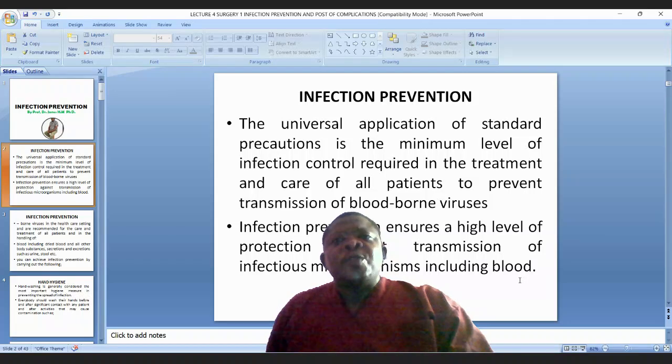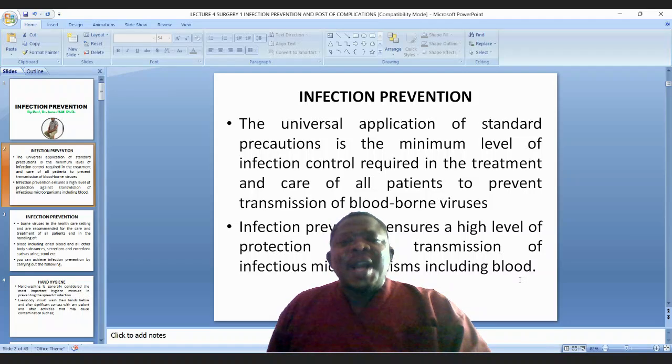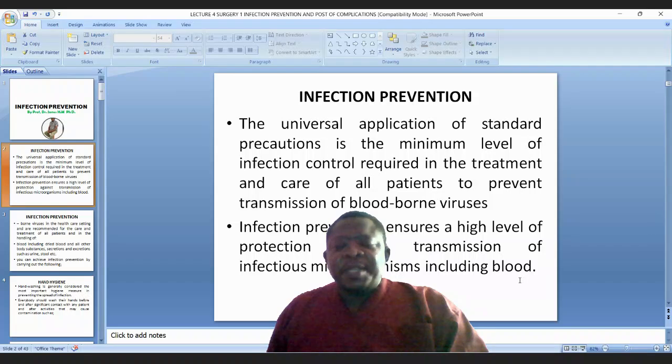So for doing procedures in surgery, you need to have a universal application of this standard precaution of preventing infection, as the patient is at risk of getting infection from the surgery that they are about to undergo.